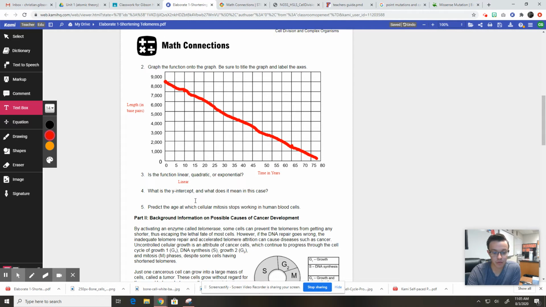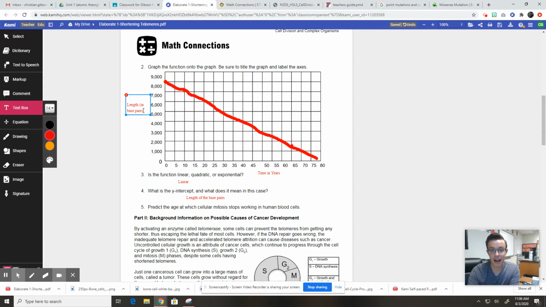What is the y-intercept and what does it mean in this case? So the y-intercept, we already said, is the length of the base pairs. And number 5, predict the age at which cellular mitosis stops working. Well, if you remember, it's not necessarily when the length in base pairs gets to 0. If you remember from the introduction, it says that cell division stops when the base pairs get down to 1,000.